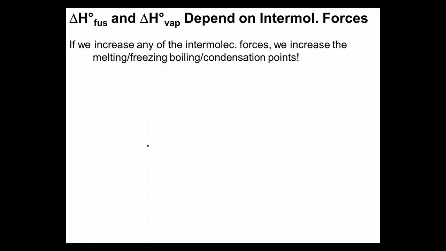And the amount of energy needed to get something to boil or condense will also depend on how well it sticks to its neighbor. So if we're going to compare different substances, we can think through the intermolecular attractions to decide which one's going to have a higher boiling point, or a higher melting point, or whatever.